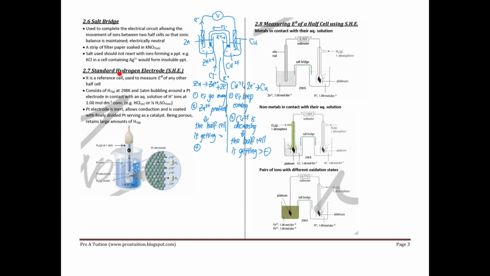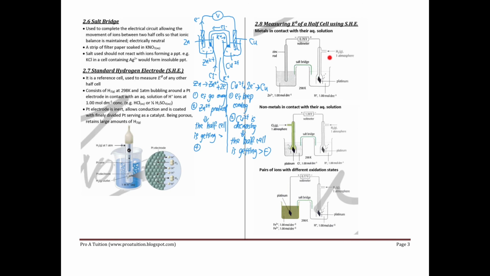2.7. Standard hydrogen electrode. Okay, SHE. We already discussed this, and now it's just revision only. It is a reference cell. We use it as a reference cell because the E theta is 0.00 volt.